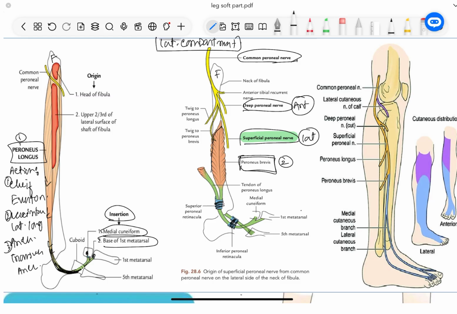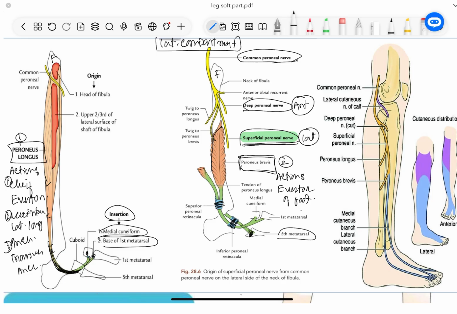It is inserted into the base of the fifth metatarsal. Nerve supply we already know, the superficial peroneal nerve. What is its action? It is also doing eversion. So it is an everter of the foot, and it also helps maintain the lateral longitudinal arch.